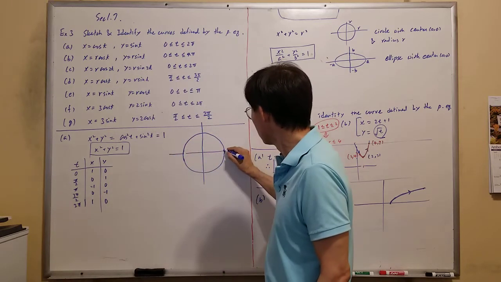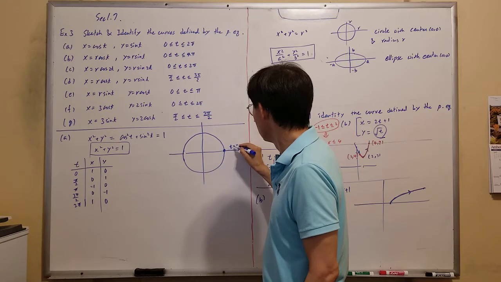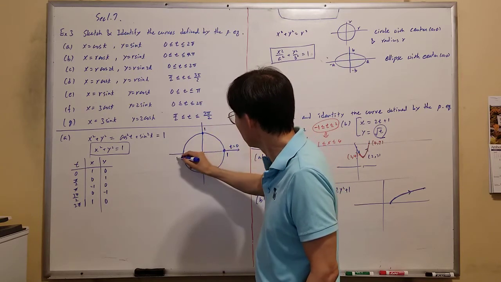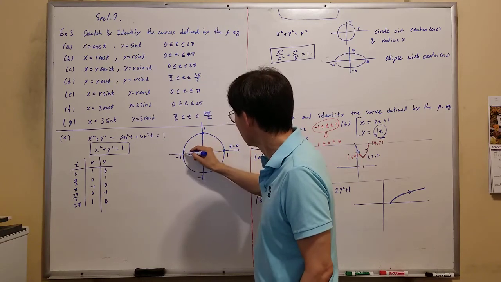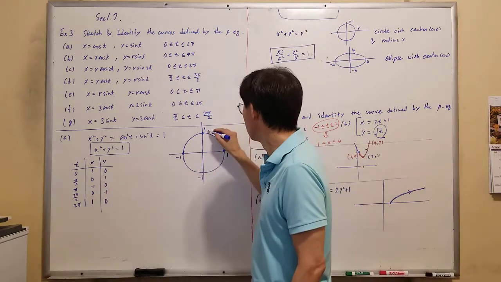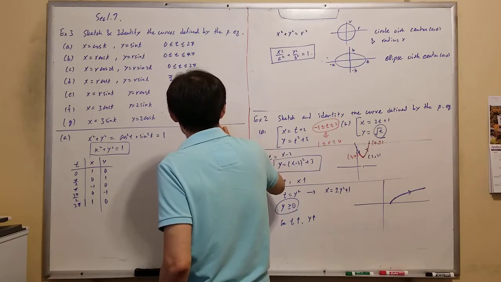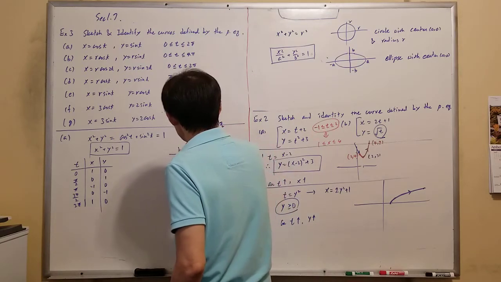So 1, 0 here at t equals 0. Then 0, 1 at t equals pi over 2.